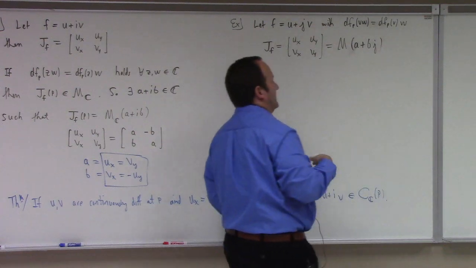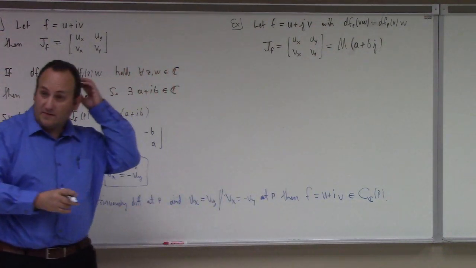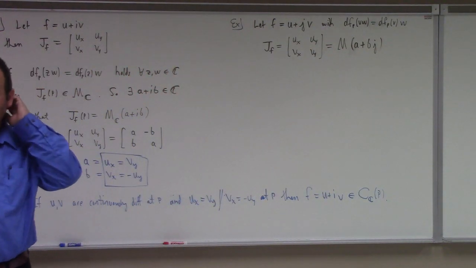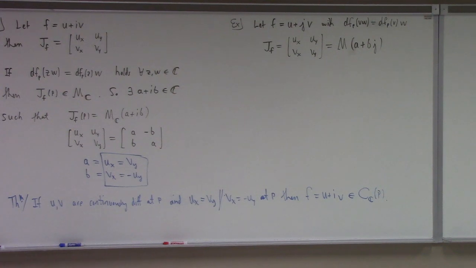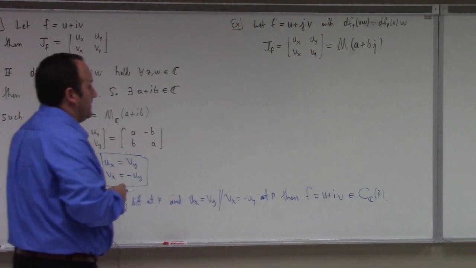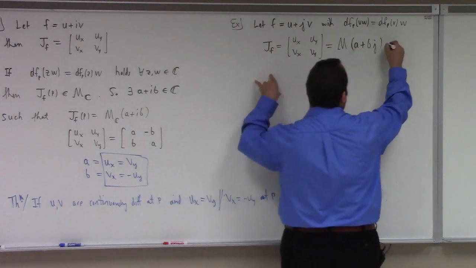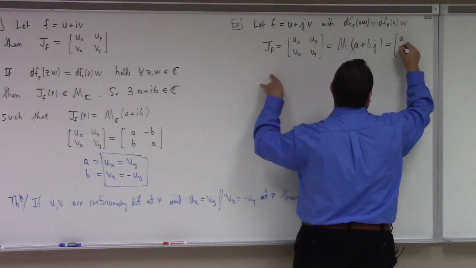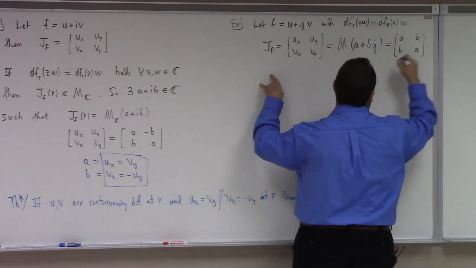So if the differential of this hyperbolic function satisfied the Cauchy-Riemann equations in the sense that it's right linear, then what does that say about the partial derivatives of that function? Well, this is a, b, b, a, right?